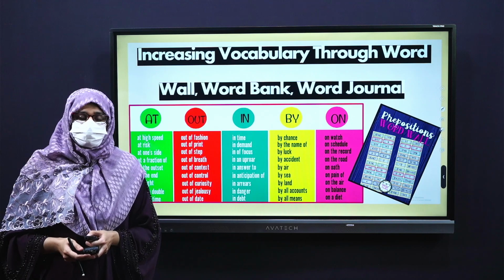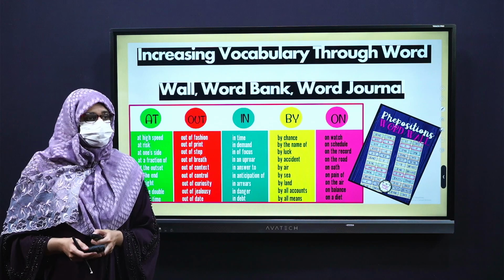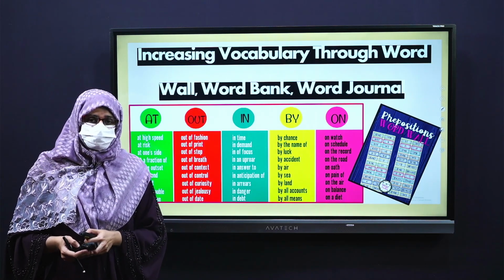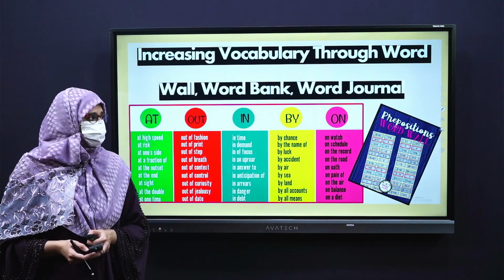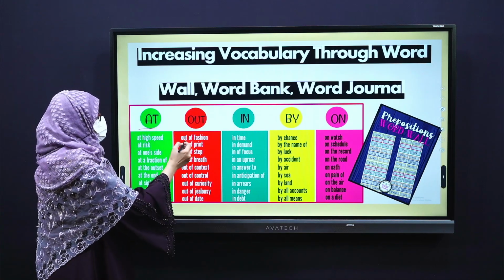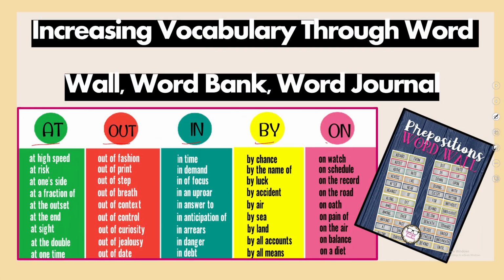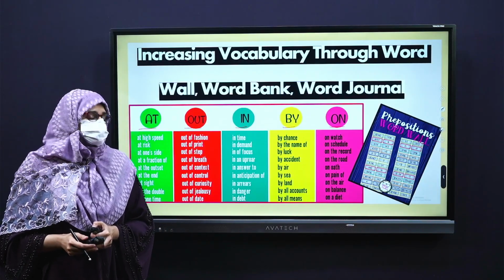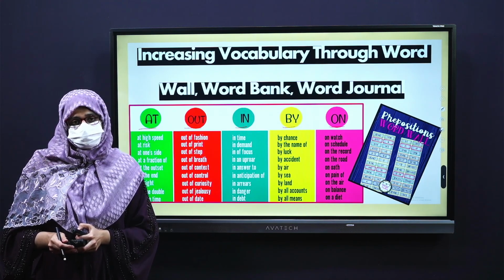So after learning about adjectival, prepositional and adverbial phrases, now let's have a look at how you can build up your vocabulary by adding on different words to the prepositions. Here are some prepositions: at, out, in, by, on, and by adding different words to these prepositions, we can make unlimited, well-structured phrases.